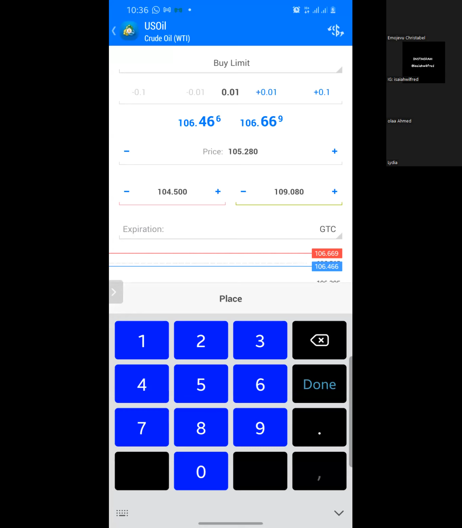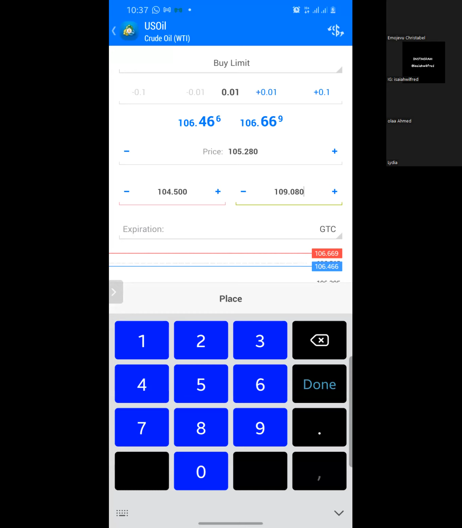And that is how to set a pending order. So I saw a question, how do you enter for TP2? If they gave you TP1 and TP2, what you're supposed to do is set up your parameters for TP1. Let's say 109.080 was for TP1.